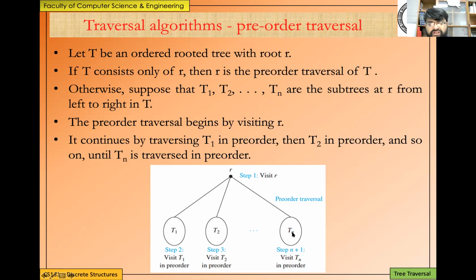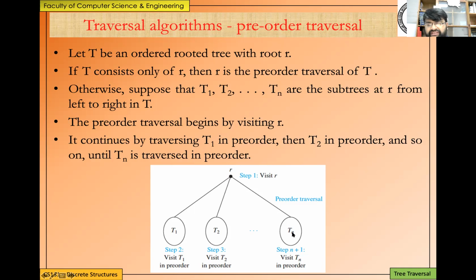If T consists only of R, then R itself is the pre-order traversal of T. Otherwise, suppose we have T1, T2, and so on till Tn as the subtrees at R from left to right. Remember that this is an ordered rooted tree, so the order matters.